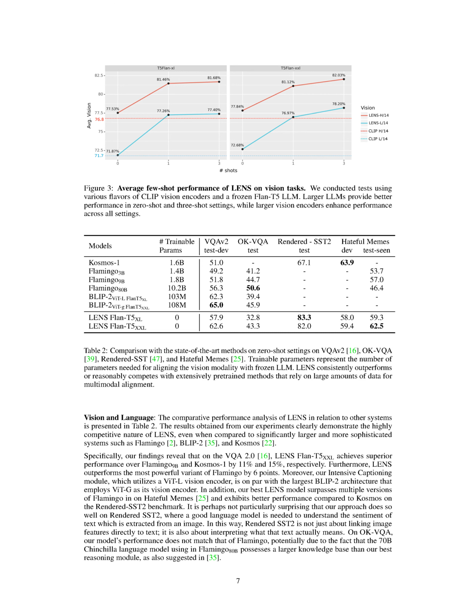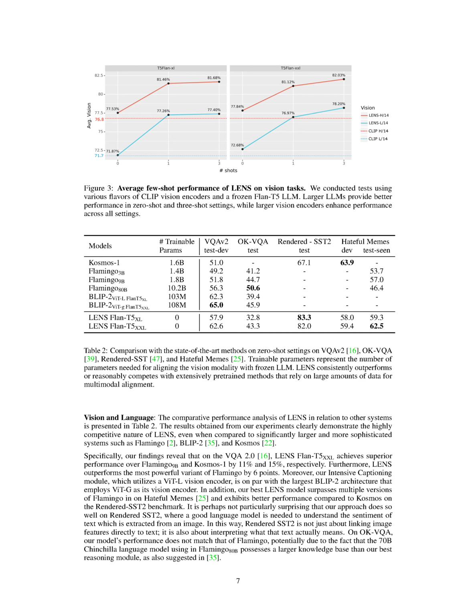We also found that our intensive captioning module, which uses a ViT-L vision encoder, matches the performance of the largest BLIP-2 structure that employs ViT-G as its vision encoder. Our best Lens model outshone multiple versions of Flamingo on the Hateful Memes test and outperformed Kosmos on the Rendered SST2 benchmark. It's worth noting that our success on Rendered SST2, a benchmark where a strong language model is required to comprehend the sentiment of the text extracted from an image, is unsurprising.